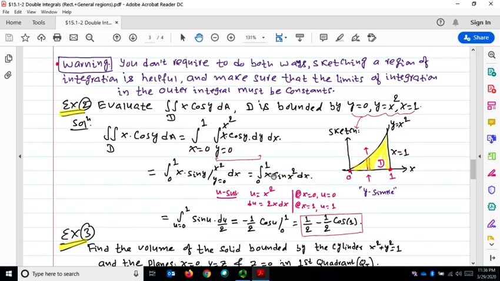Then let's rewrite this x integral in terms of a u integral. So in the u integral, sine of x squared becomes sine u, and x times dx becomes du over 2, and then the u limits are u equals 0 to 1.